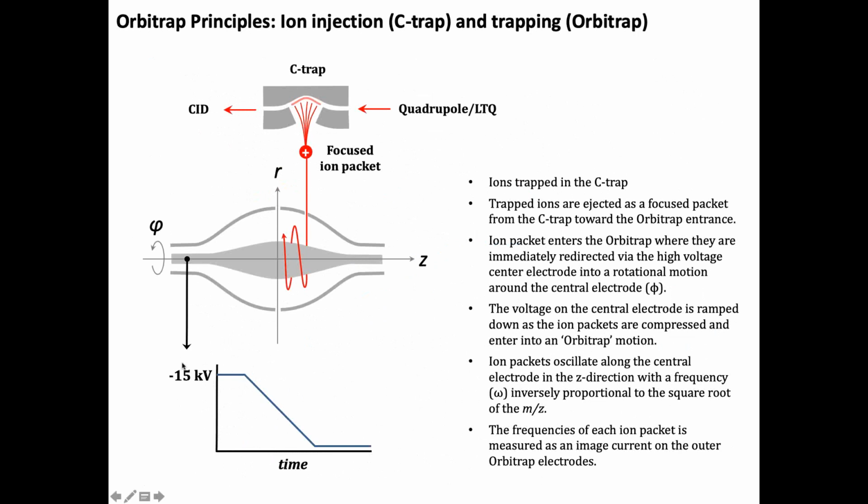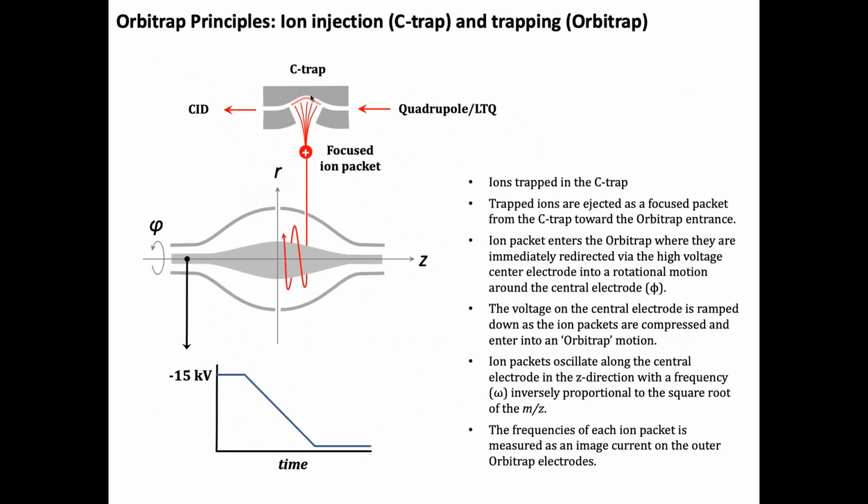But for the most part, the reason the Orbitrap is slower than a TOF is that a TOF pretty much is an event where an ion packet reaches a detector and slams into that detector and generates a certain amount of current. The Orbitrap doesn't work that way. The Orbitrap takes the ion packet and it gets caught in this C-trap, and the C-trap focuses it a lot like a lens does in a microscope.